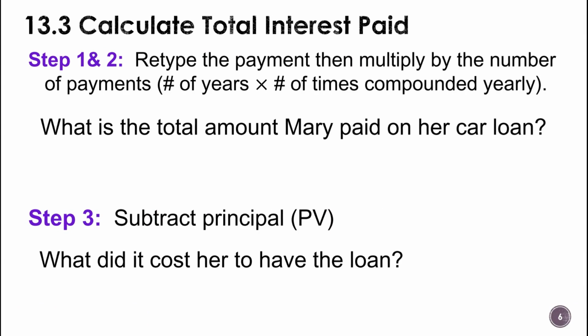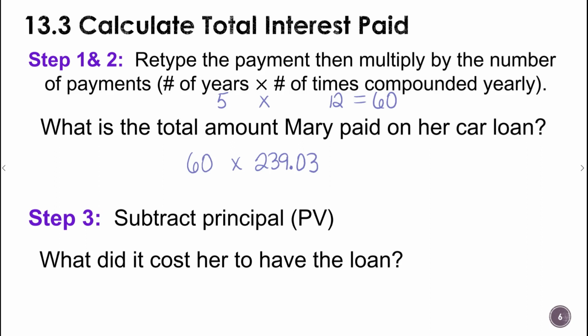It says right here, we're going to retype the payment. This is steps 1 and 2. And then multiply it by the number of payments. Our number of payments was 5 times 12, which is 60. So we're going to use 60 payments times 239.03 and just key that in.